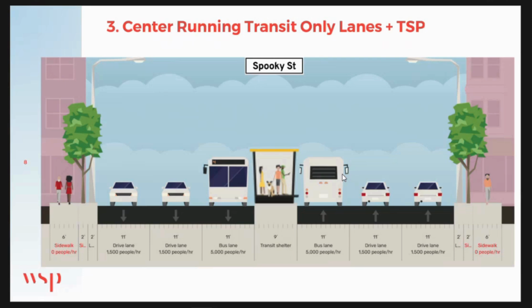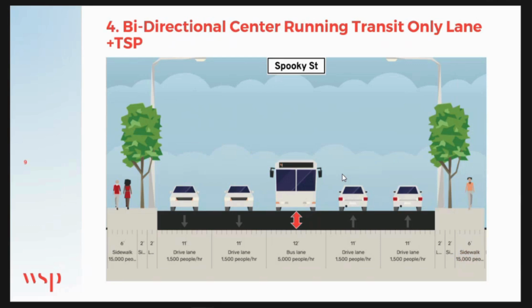You can imagine in a downtown area or some other dense area with very expensive land cost, it will cost a lot to construct such a type of BRT system. And for the bi-directional one, we only use one lane at the center, at the median, for both directions. This one reduces one travel lane, and the right of way will be much smaller than the previous one.